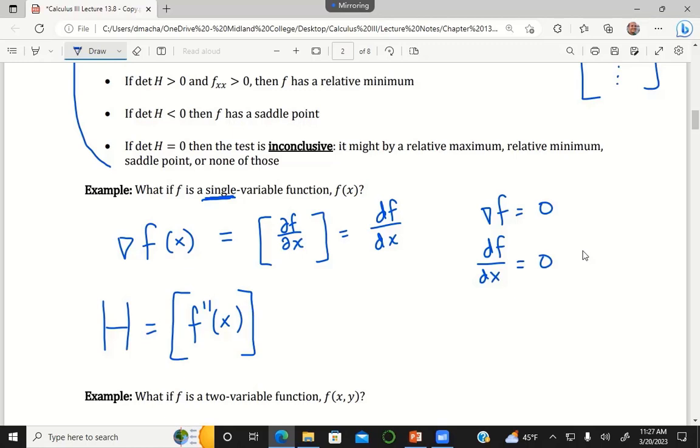And so this test, and by the way, the determinant would be the same thing. The determinant of a 1-by-1 matrix is just the only entry in the 1-by-1 matrix.